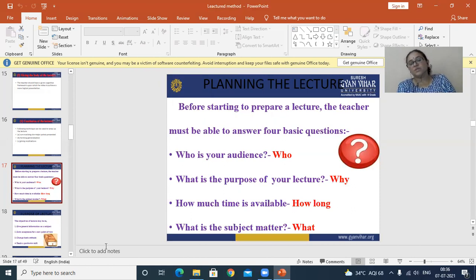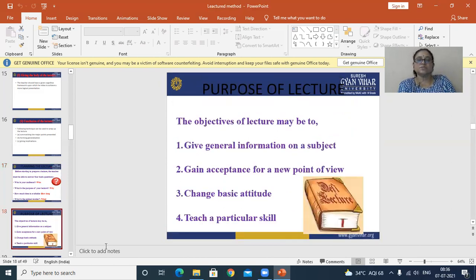What is the subject matter? What is the subject matter you use for giving lecture? Always ask four questions before choosing subject, choosing lecture method. Purpose of lecture method.